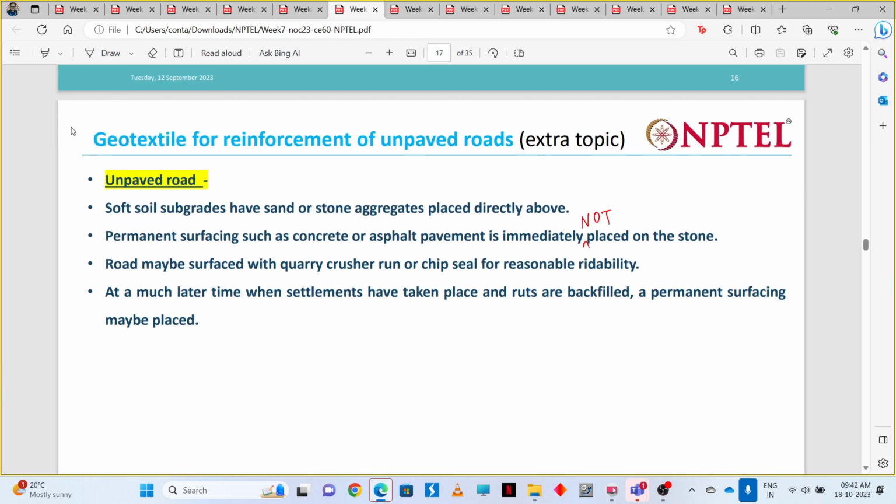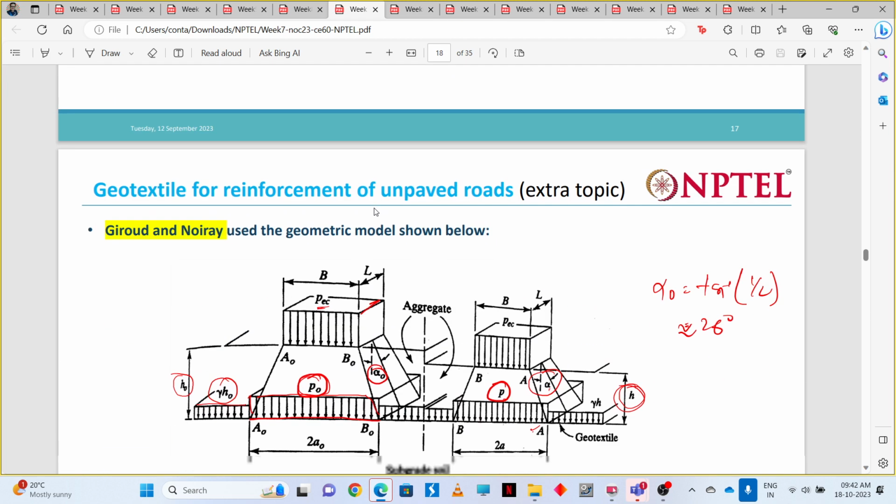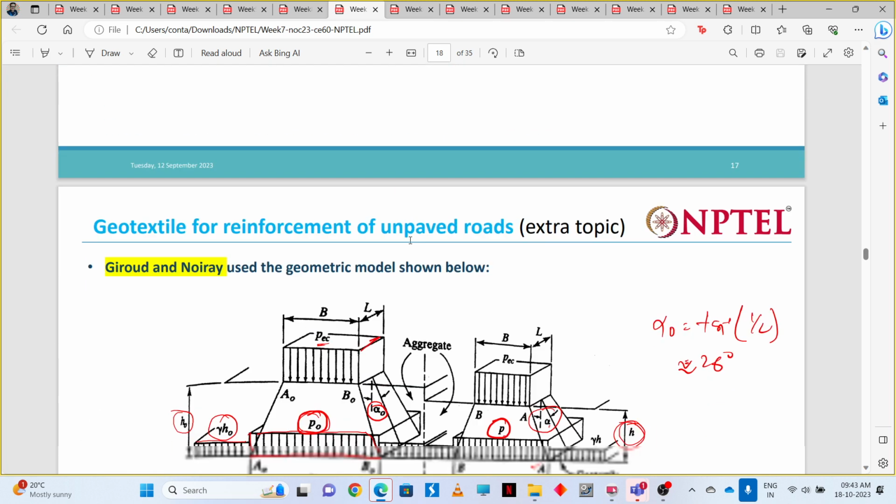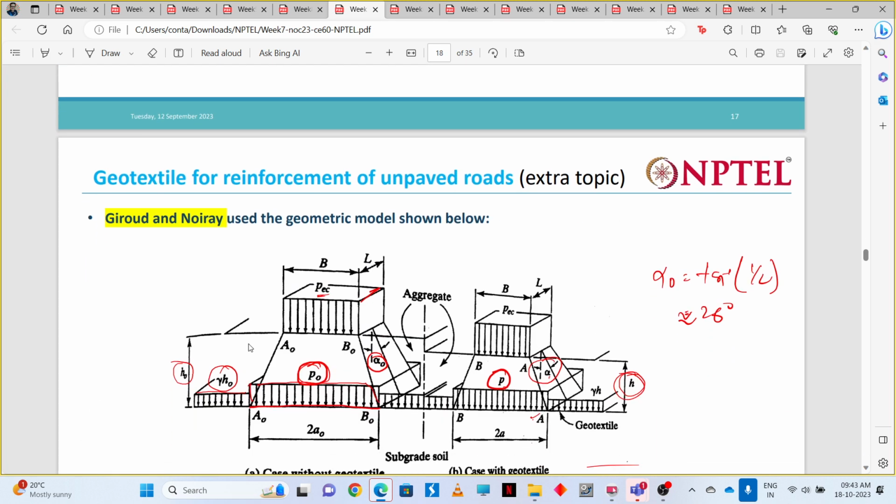Then I discussed one extra topic regarding unpaved roads. This is also related to sustainability. What happens if you construct an unpaved road? Generally, if you do not use any geosynthetic, the thickness of the aggregates that you need to provide is quite high.